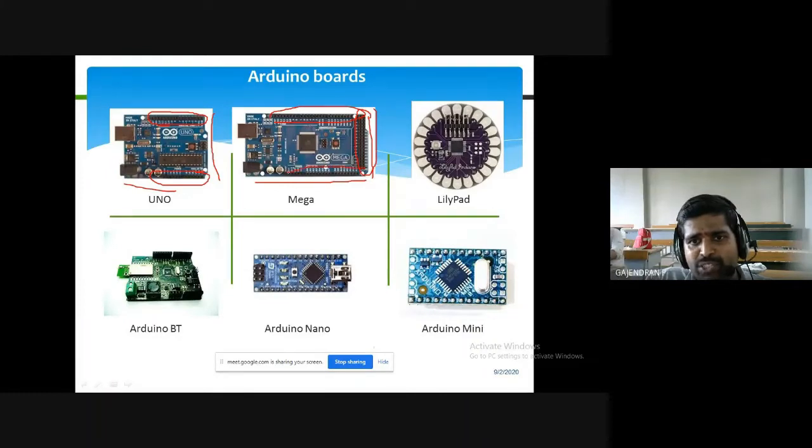See, in your 8085, can you type how many pins are available in 8085? How many pin IC is it? Can you type it in chat box? How many pins are available in your 8085 microprocessor or 8051 microcontroller? Hello? How many pins are available?